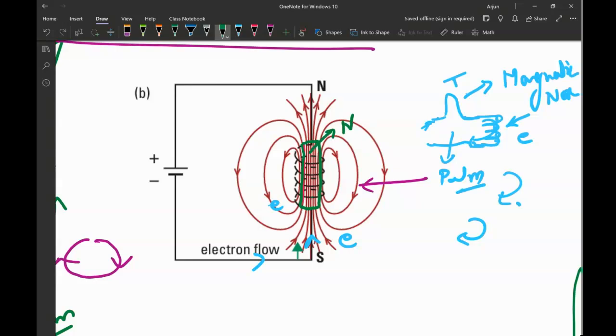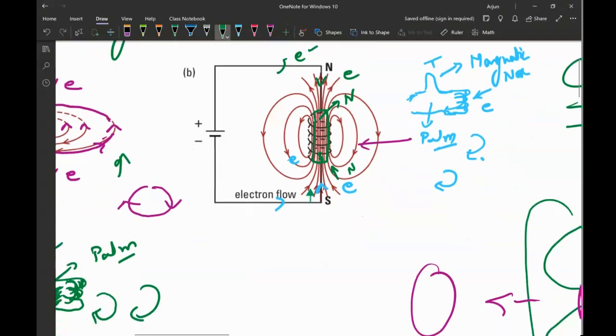So this is magnetic north. Automatically this will become south. And if I reverse the direction, if the electrons are flowing downward here, then down here you will have the magnetic north. All right, so hopefully you were able to understand how the left hand thumb rule works. If you have any questions, you can always ask me.